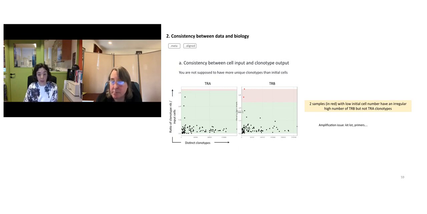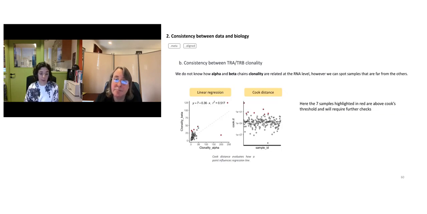That was true for the beta chain, but not the alpha chain. So probably for those samples, something went wrong during the amplification, and the beta chain was more amplified than the alpha chain, and the result that you get cannot really be analyzed. So again, this would need to be repeated for this kind of samples.